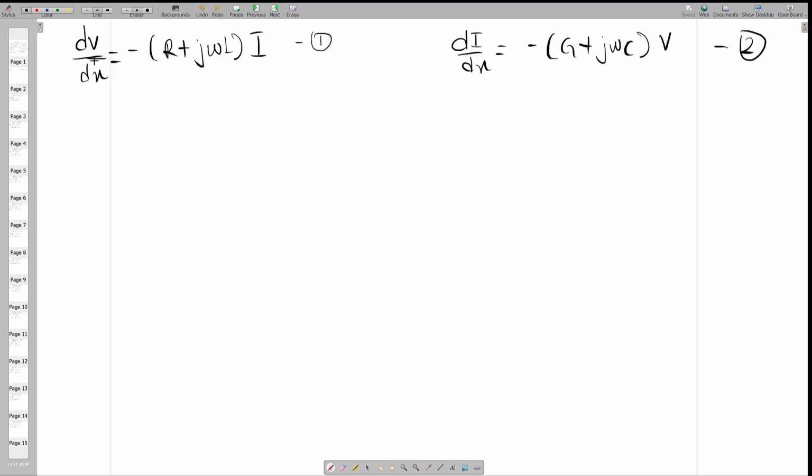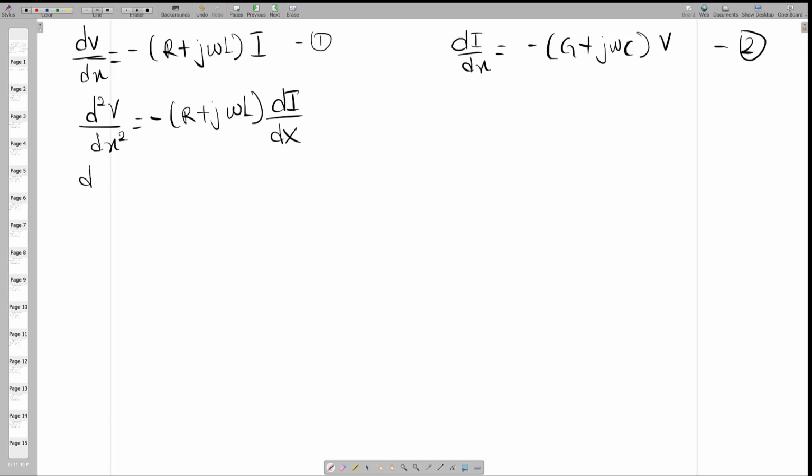So if we double differentiate dV over dx, we have d squared V over dx squared, which will be minus (R plus j omega L) and this I will be the dI over dx, right? But now we can see that the dI over dx is equation 2, so we can substitute equation 2 into this equation.